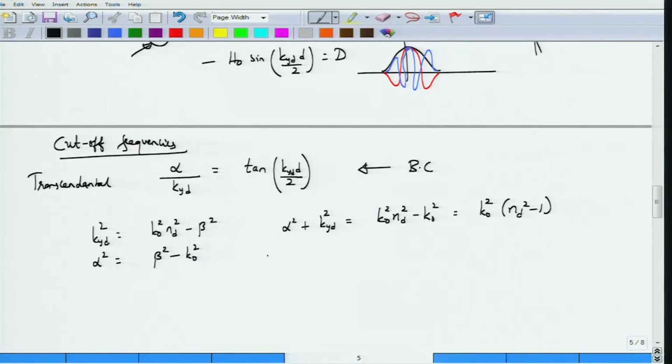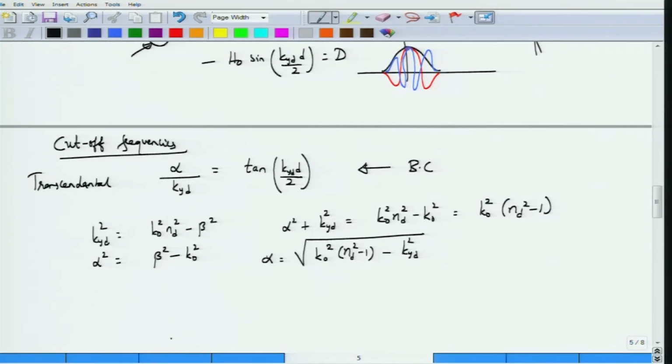Now I can express alpha in terms of ky_d: alpha equals the square root of k0 square (n_d square minus 1) minus ky_d square. Remember, whenever you have a ky_d value which is non-zero, there will be a mode which is propagating. So this is your expression for alpha.